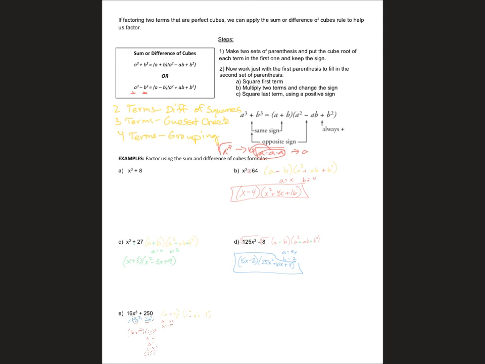Okay, you have to make sure you square both of those numbers. Okay, so the answer for a squared should be 4x squared. Okay, minus AB, so 2x times 5 is 10x. And then b squared is 25, so plus 25.